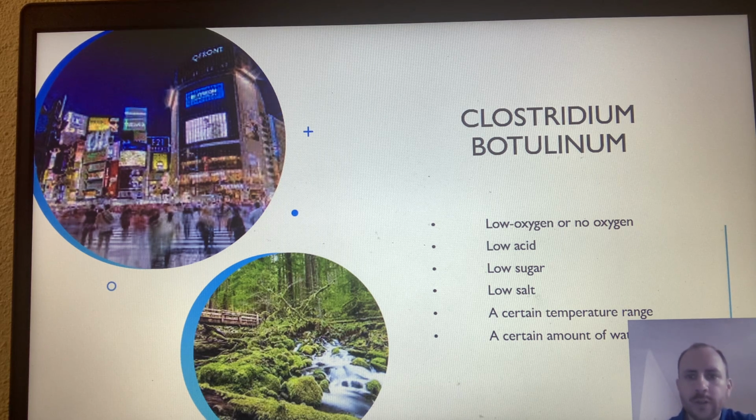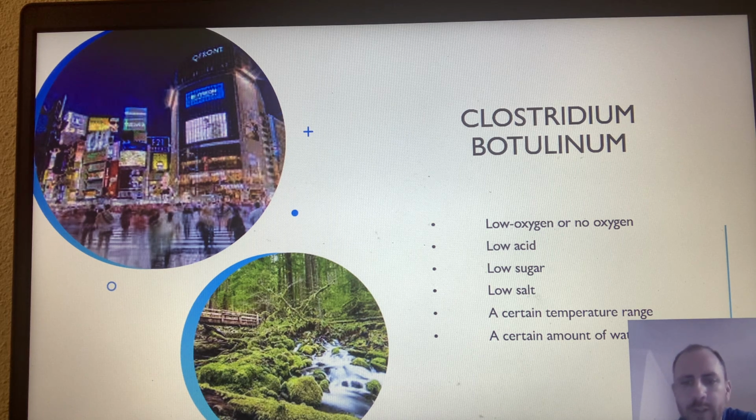With regards to the spores that it creates to endure these extreme conditions, the byproduct of the spores is what leads to the neurotoxin. With regards to the neurotoxin, certain conditions have to be met, and those conditions would be low oxygen to no oxygen, low acid, low sugar levels, low sodium, and a certain temperature range and a certain amount of water as well.